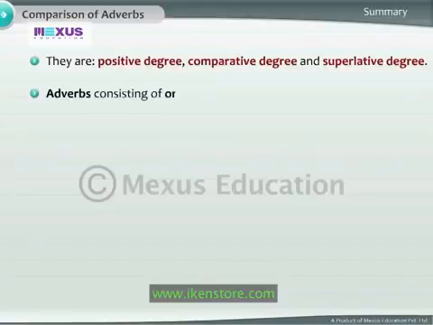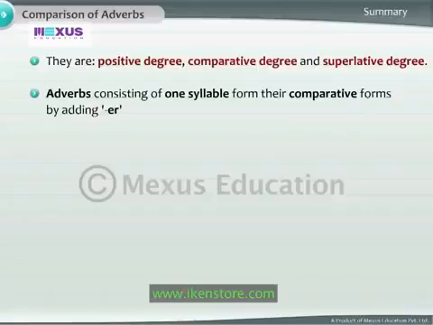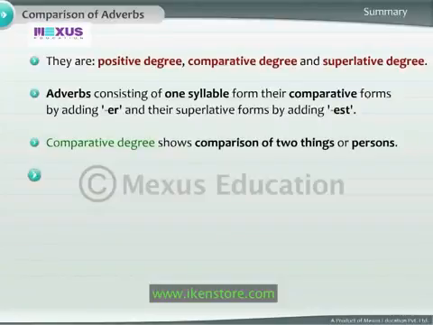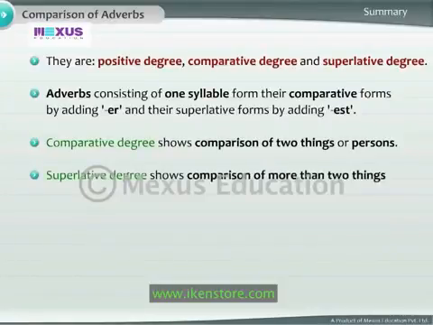Adverbs consisting of one syllable form their comparative forms by adding er and the superlative forms by adding est. Comparative degree involves comparison of 2 things or persons. Superlative degree involves comparison of more than 2 things or persons.